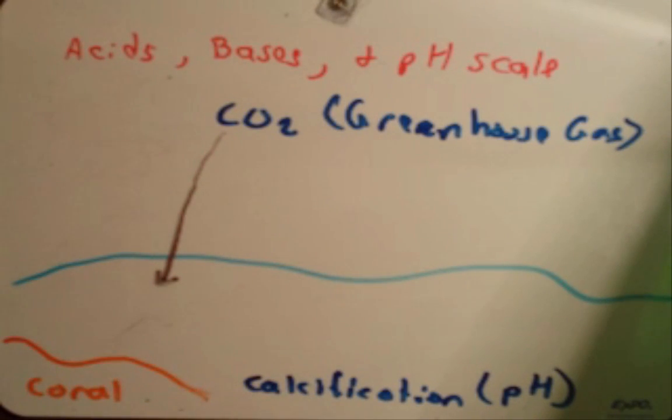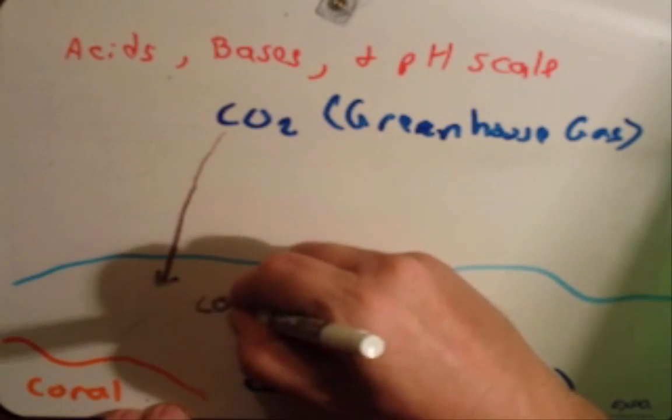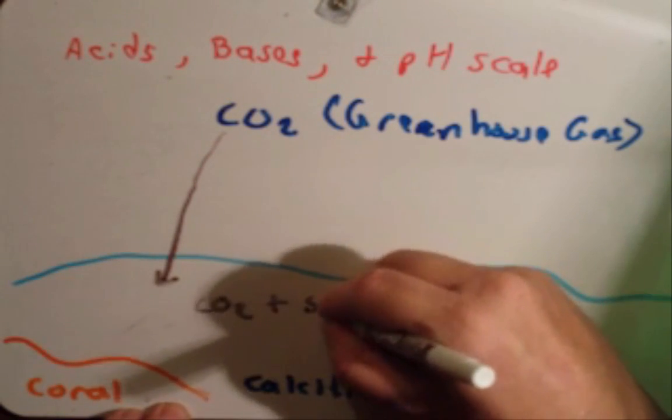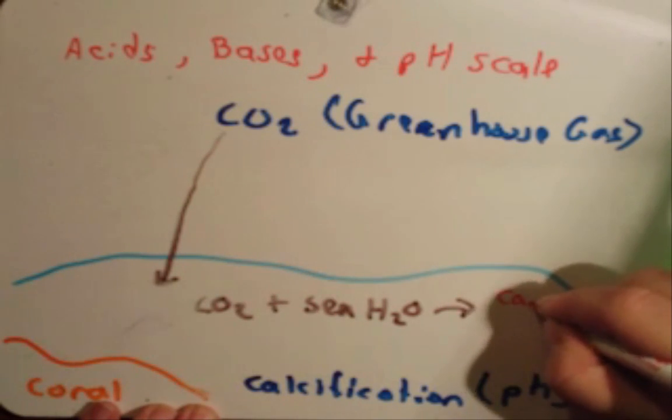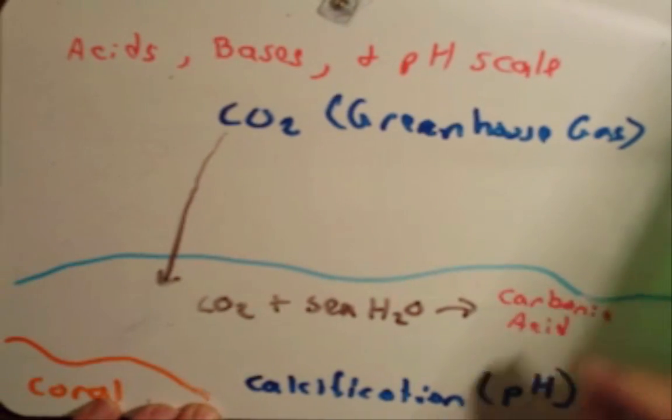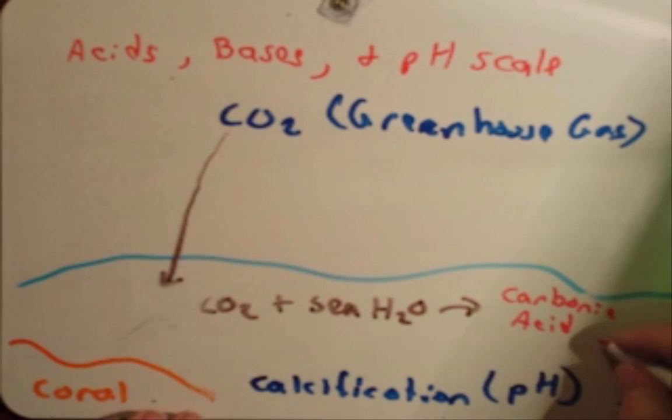And what happens here is that CO2, we'll just write it like this, CO2 plus seawater gives us carbonic acid. Having more carbonic acid in the ocean will lower the pH. It'll make the ocean slightly more acidic.